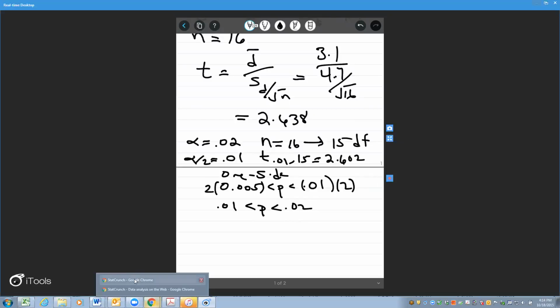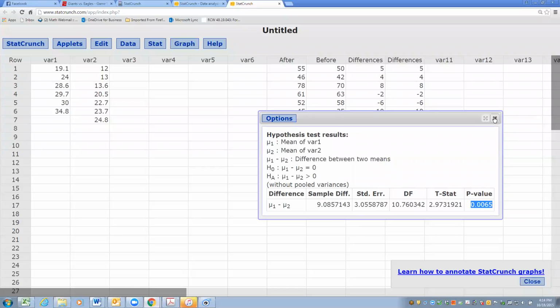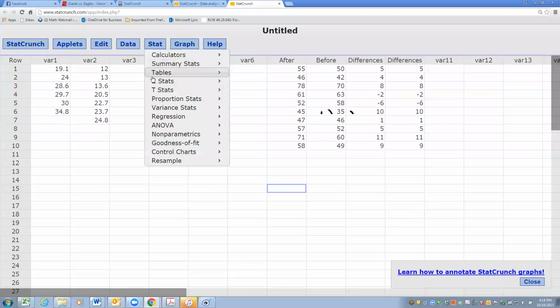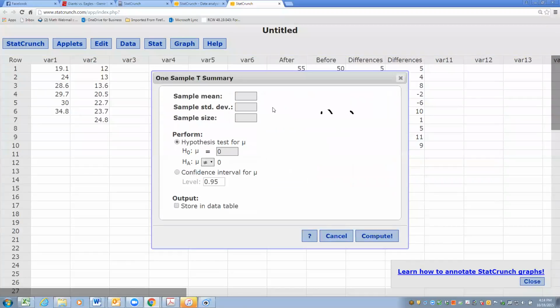I could also do this in StatCrunch. If I go to StatCrunch, I click on Stat, T-Stats, Paired, or actually I want to do one sample with summary, because I've already calculated the difference. I haven't given you any information that you could calculate the difference. I've just given you what the difference is.